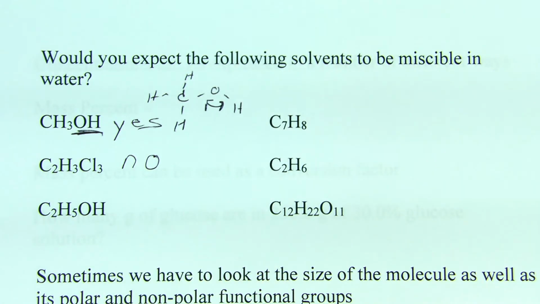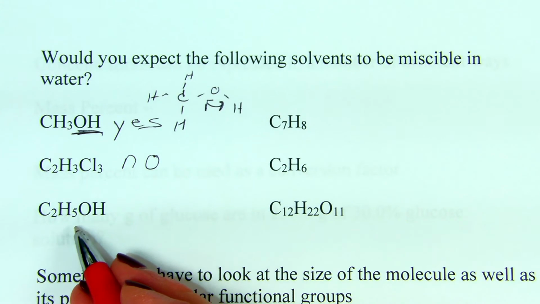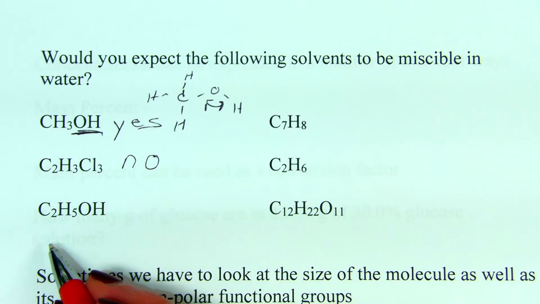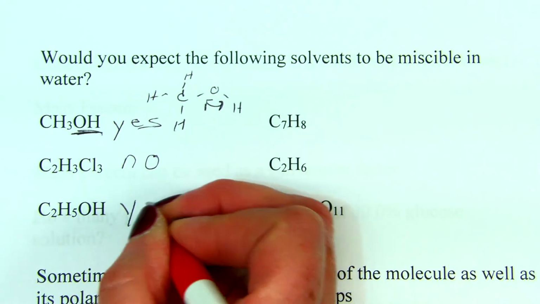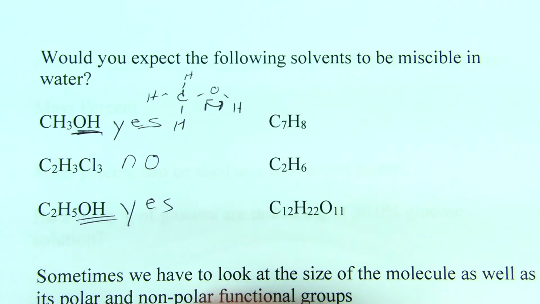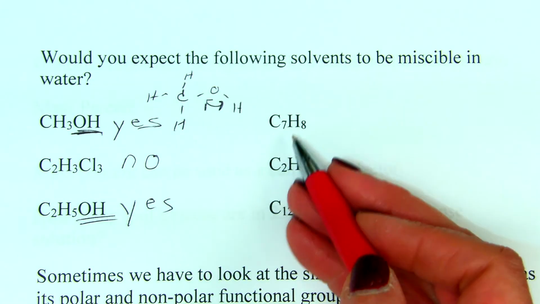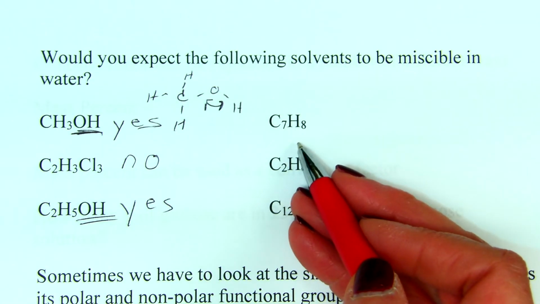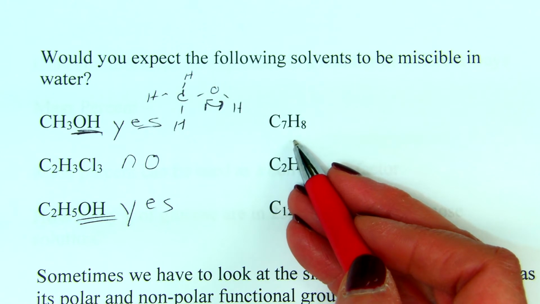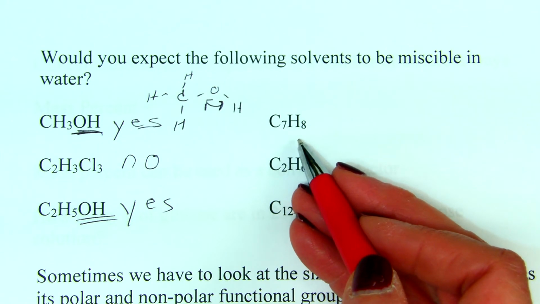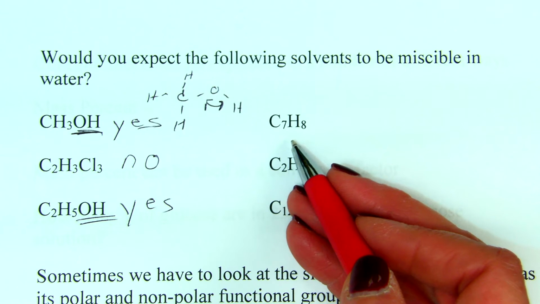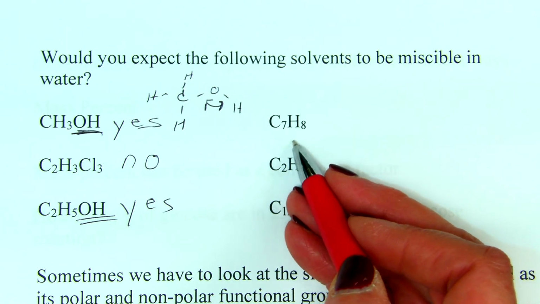Okay, how about this one? This is ethanol. That's what's in that Jack Daniels we were talking about earlier. So yes, and again, the polar hydroxyl group makes that dissolve. How about this one? What is this? It's not heptane, it's actually heptene, but would it be polar or nonpolar?